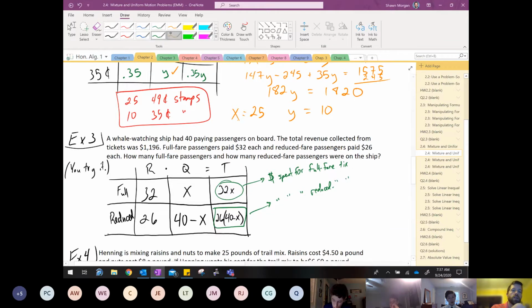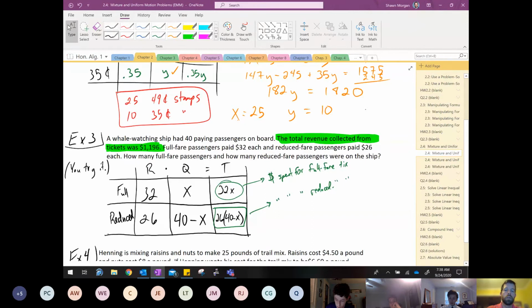Now, what do I make of that? Well, I've got an equation that I need to write. It says the total revenue. In other words, after I calculate how much money I earned on the full fare tickets and how much money I earned on the reduced fare tickets, I'm going to add those two up and set it equal to 1,196. And that's where our equation is going to come into play.